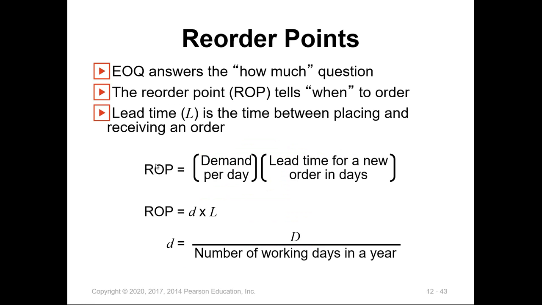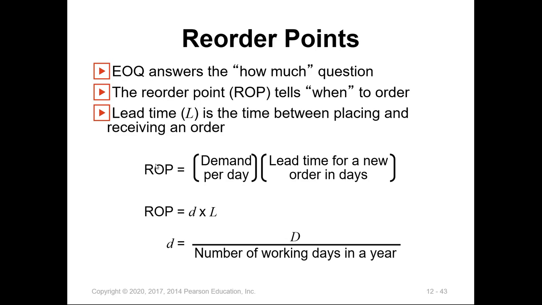The economic order quantity model answers the how much to order question. So basically with that model, we just asked how much do I need? How many units do I need to order?